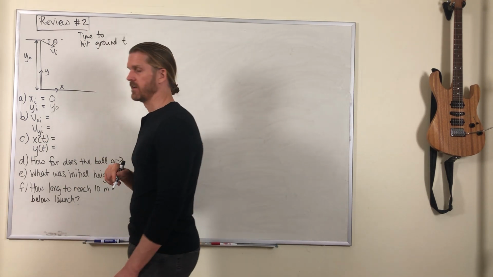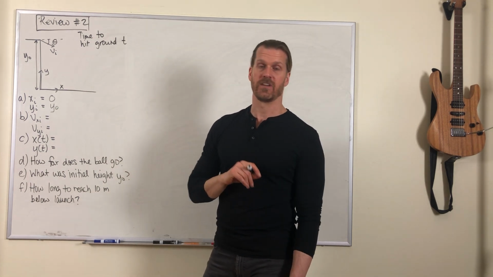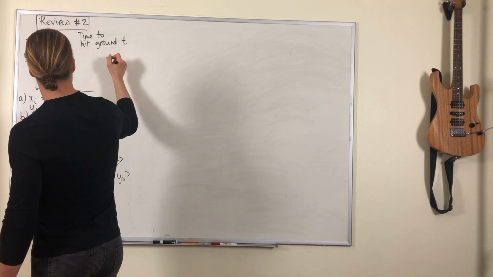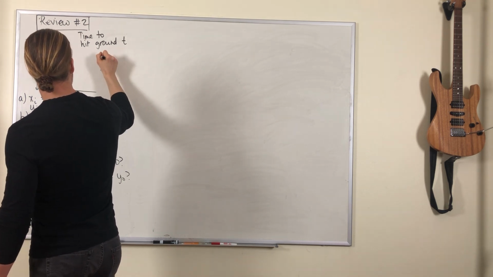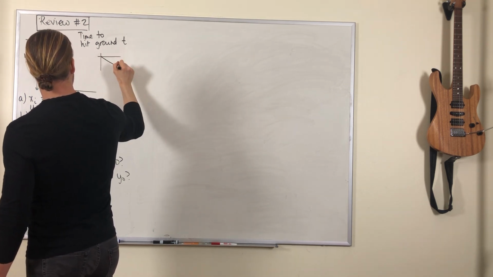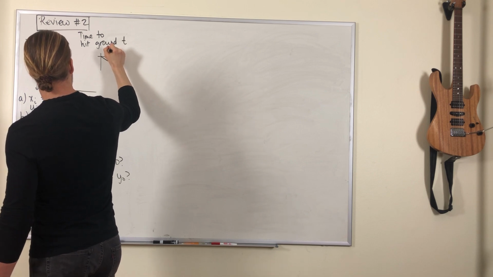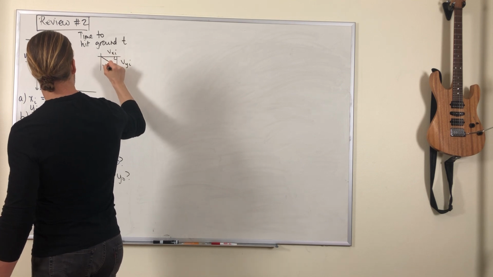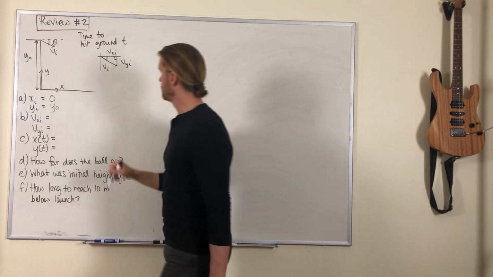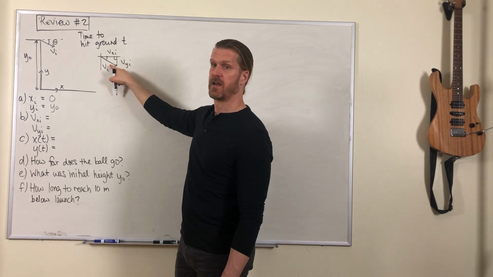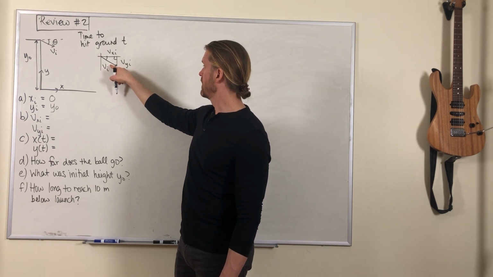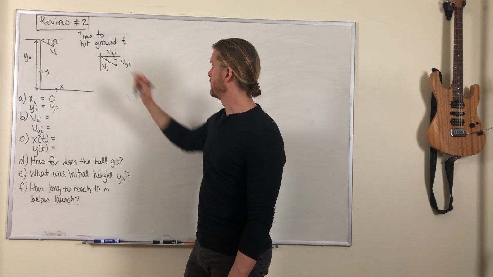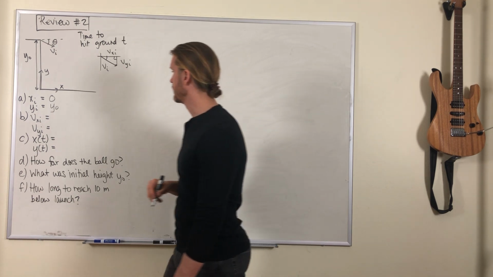Now we need the initial velocity components. If we look at our velocity vector, and consider it to be the hypotenuse of a right triangle, then Vx initial is the adjacent side of that triangle, Vy initial is the opposite side of that triangle.